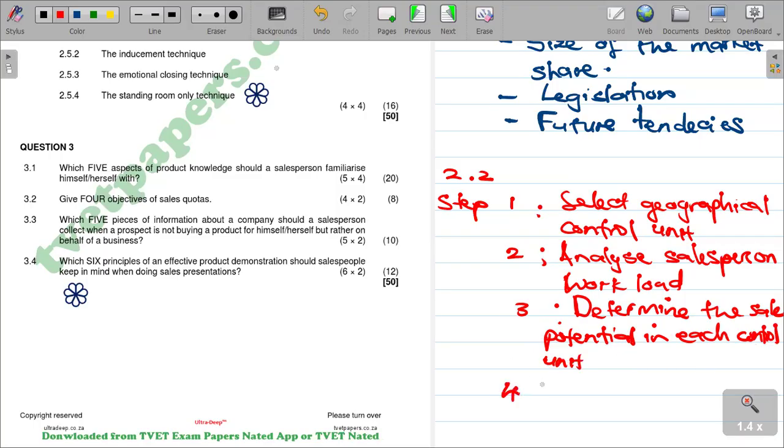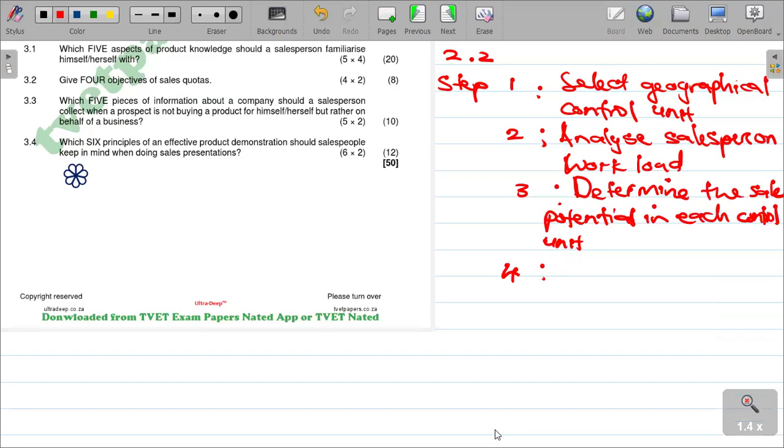Number 4, we're supposed to determine the basic territories.